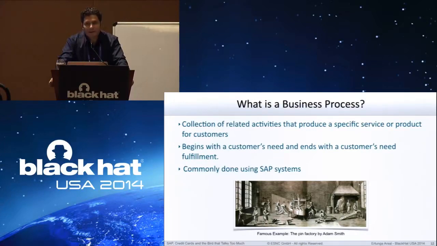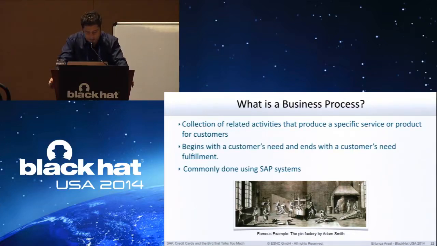Adam Smith said, in a pin factory, instead of each person producing pins, if they find a way to divide these tasks into different smaller tasks, which is called division of labor, and then people get specialized in these tasks, it is possible to increase the efficiency.